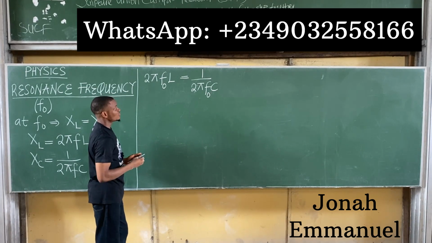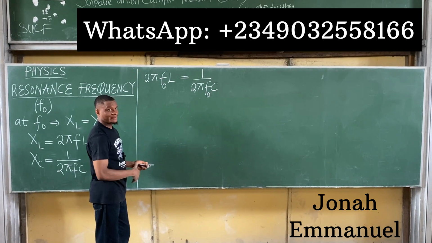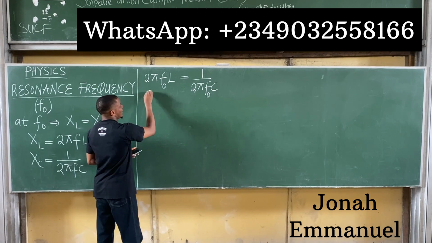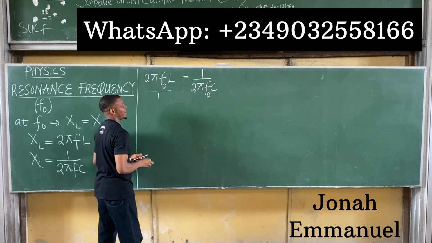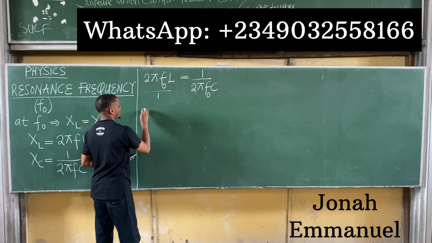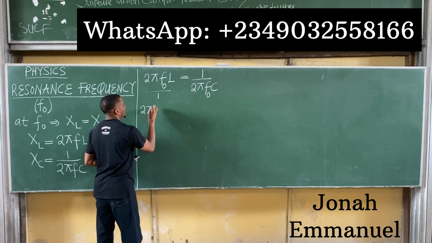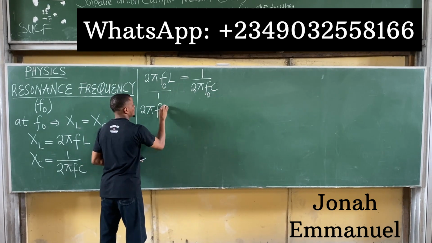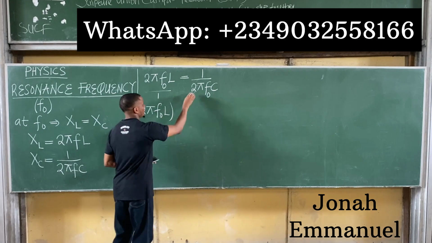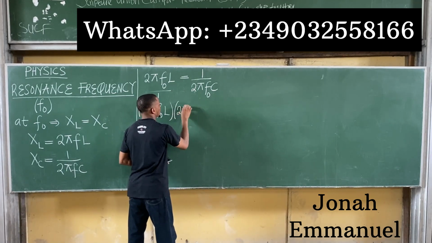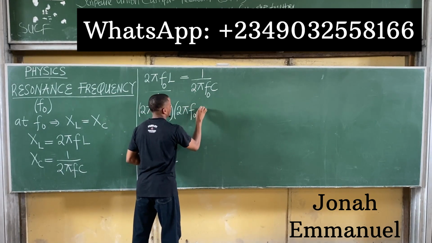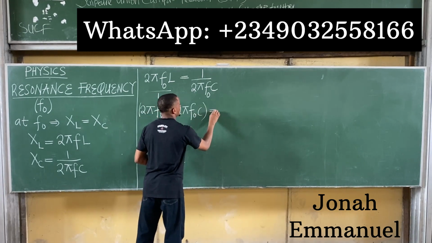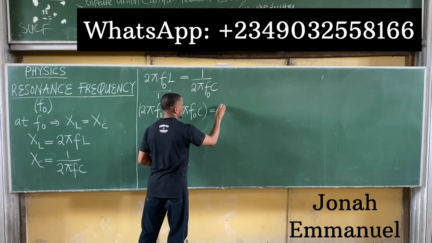Our task here would be to make F naught the subject of the formula, which in this case, I would have to simply cross multiply. So this multiplies this. I'm having 2 pi F naught L multiplies this here, which is 2 pi F naught C is equal to, I'm having 1 times 1, which is 1.